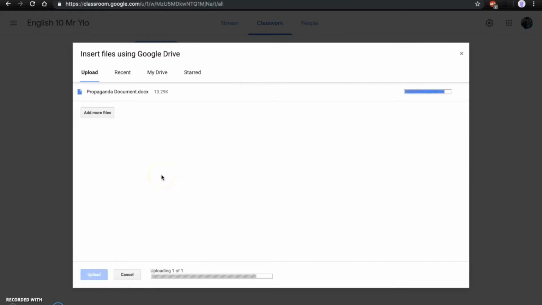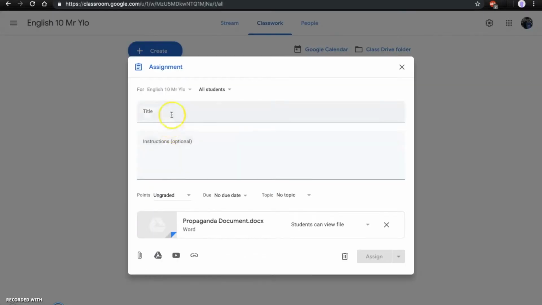Once this is up, propaganda: please use this document, take notes during the presentation about propaganda techniques.